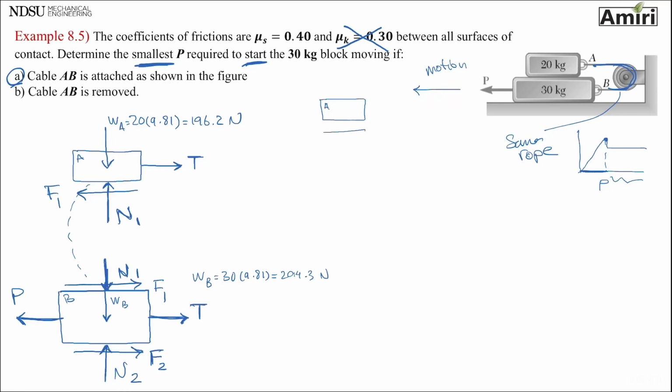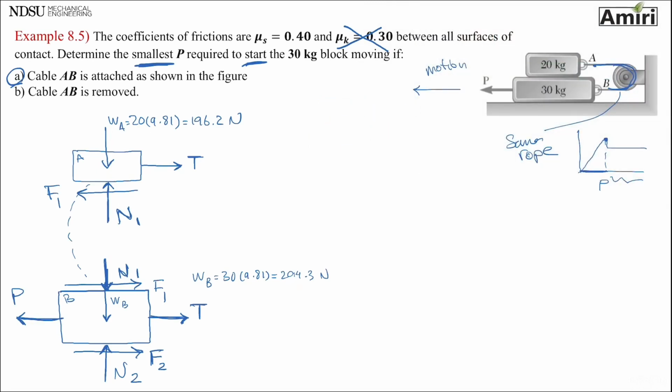Block B is going to the left, block A is going to the right. So if block A is moving to the right, then the friction should be opposite, and that's what I figured out. Okay, so we have these two free body diagrams.